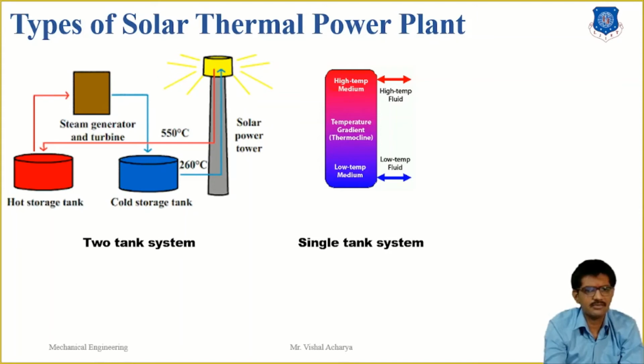The high temperature storage fluid then flows back to the high temperature storage tank. The fluid exits the heat exchanger at a lower temperature and returns to the solar collector or receiver, where it is heated again. The high temperature storage fluid from the high temperature tank is used to generate steam in the same manner as the two tank direct system.